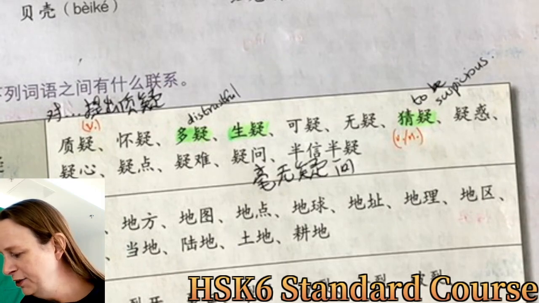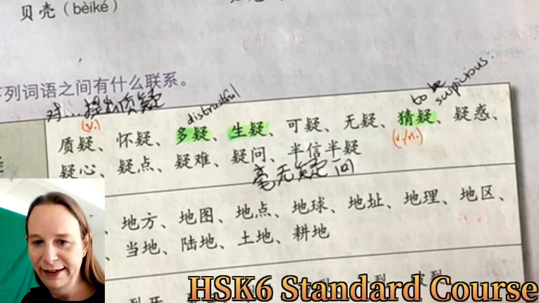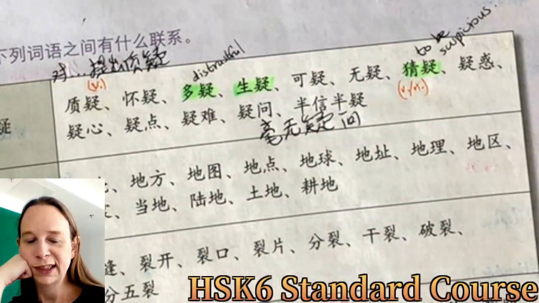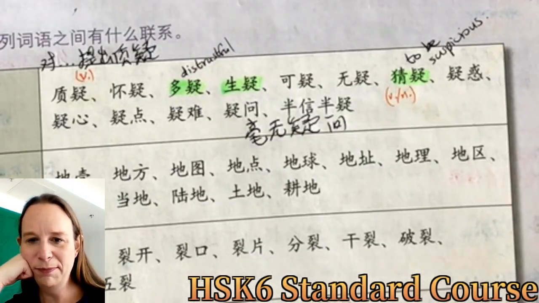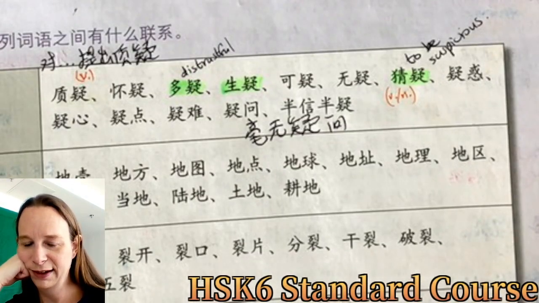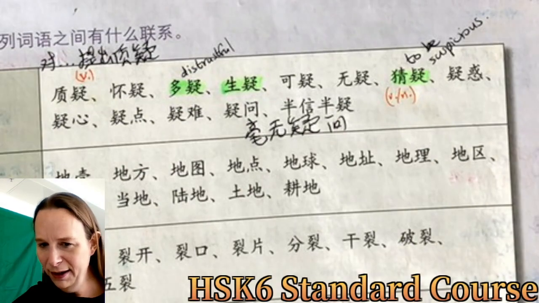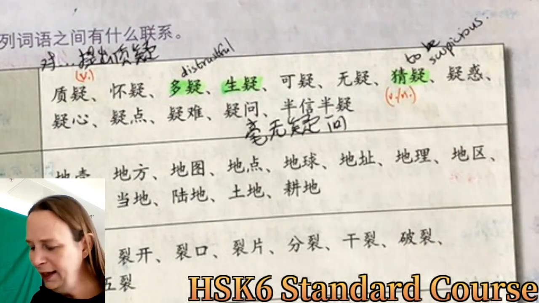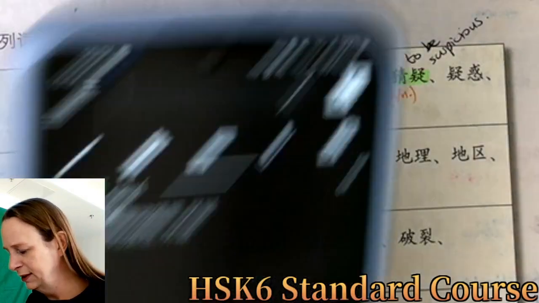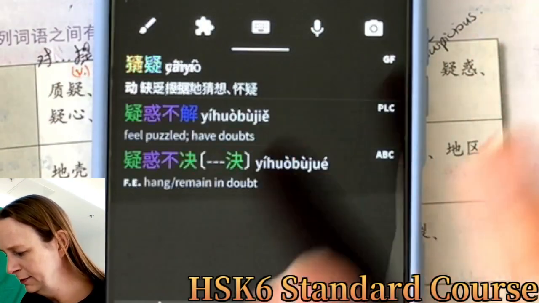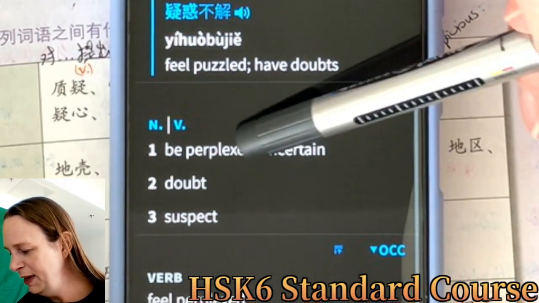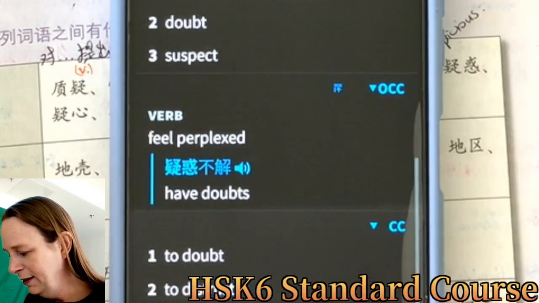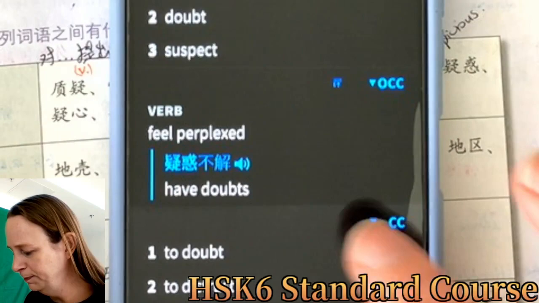All right, next. 疑惑. This is just like confused or something, or maybe, what's the word? Dumbfounded? Maybe dumbfounded. 疑惑. Unconvinced. You know, this one, perplexed is good. 疑惑不解.